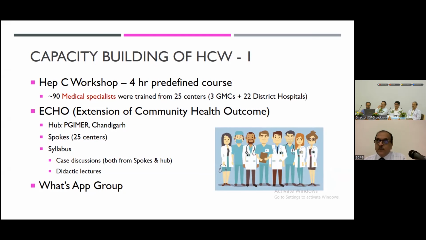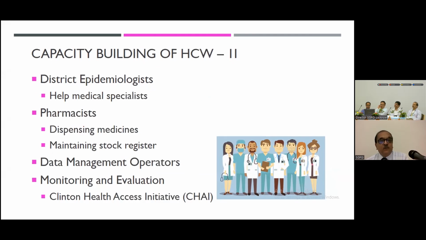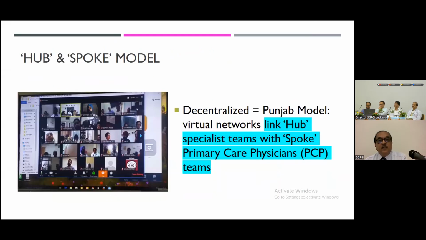If something urgent happens between these two Tuesdays, they could contact us through a WhatsApp group also. We also trained district epidemiologists, pharmacists, and data management operators. Monitoring and evaluation was done by the CHAI group, the Clinton Health Access Initiative.